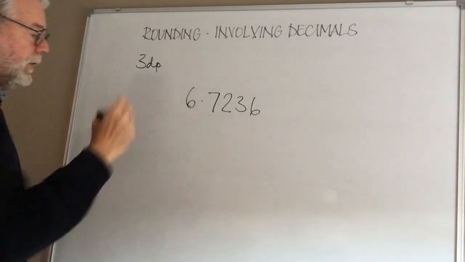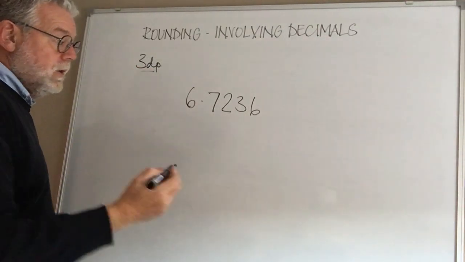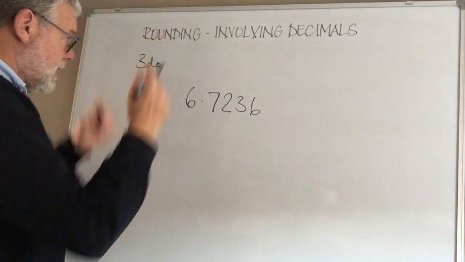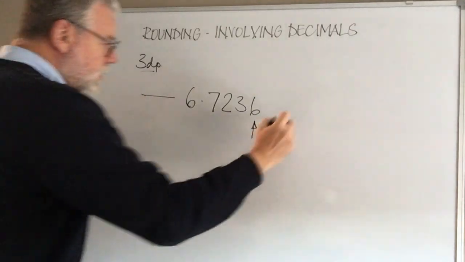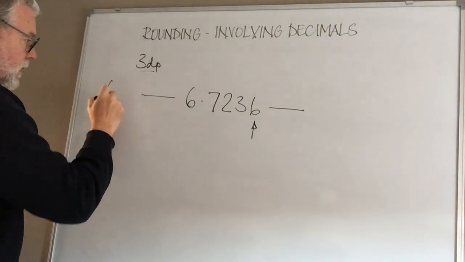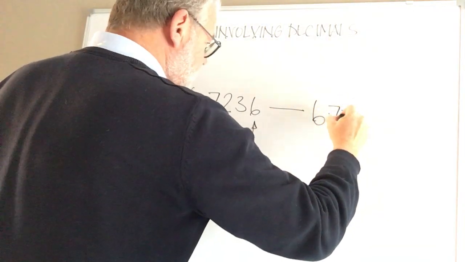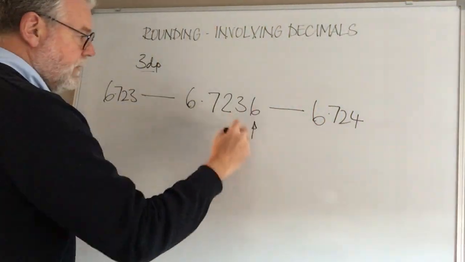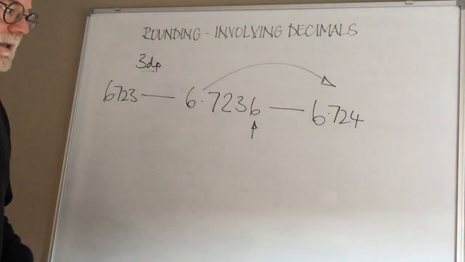Now, we want 3 decimal places, 3 decimals in our answer, and you can see straight away 3 decimal places, therefore we use the 4th column. That's going to help us. What are our options? Well, we're either going to go with 6.723 or 6.724. That's above 5. Job done. We round up to 6.724.